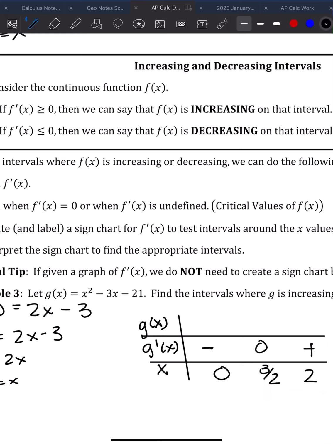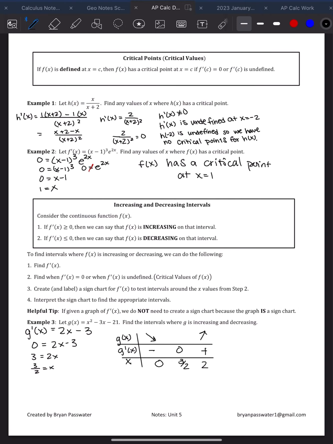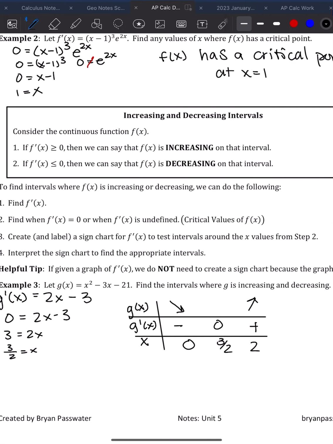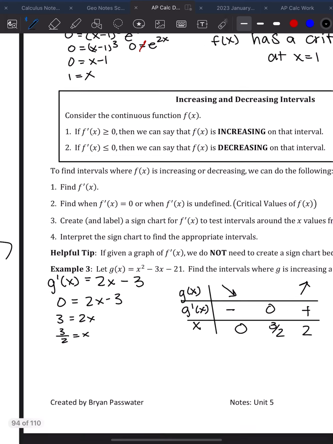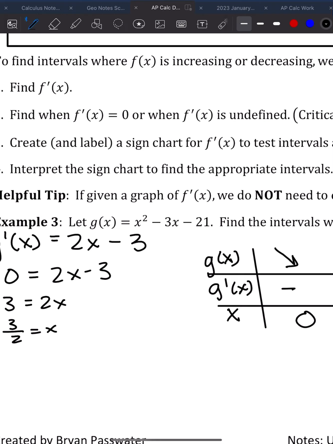So the only other thing I like to add to this is just that visual of decreasing versus increasing. But once again, this is just a personal preference. I like it a little bit better because it just really focuses in on things that I need to know or need to write down.